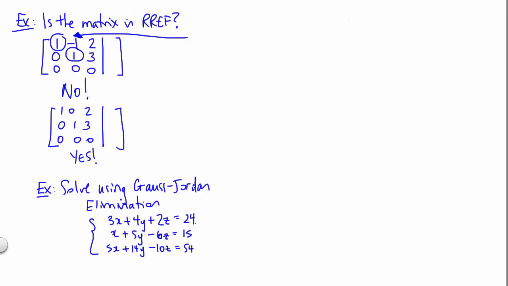So we'd like to solve the following system using Gauss-Jordan elimination. Let's set up the augmented matrix for our system. So we can label our columns with our variables here. The vertical bar represents the equal signs, and over on the right we'll have the constants. So that top equation translates into 3, 4, 2, 24. 3x plus 4y plus 2z equals 24.